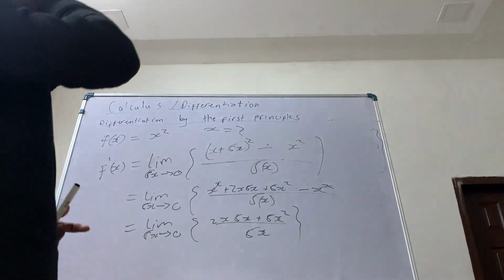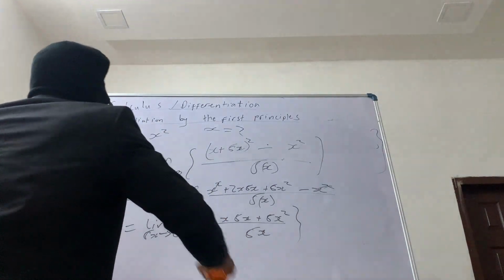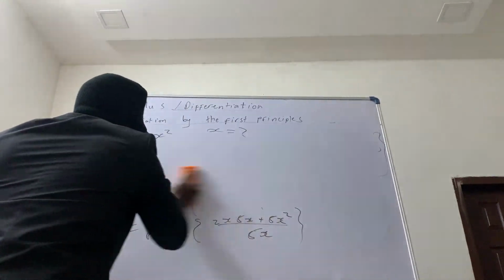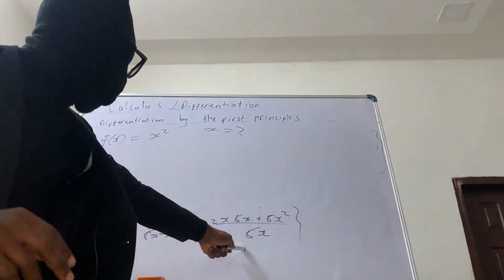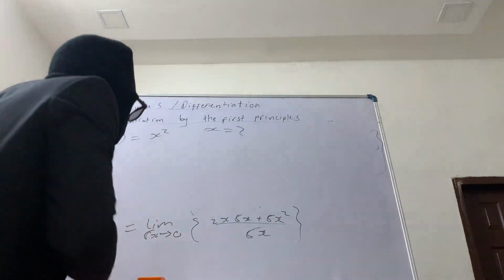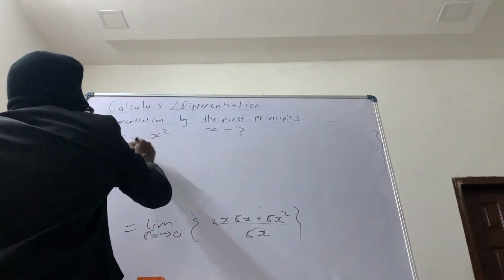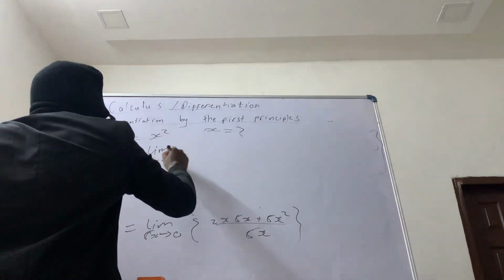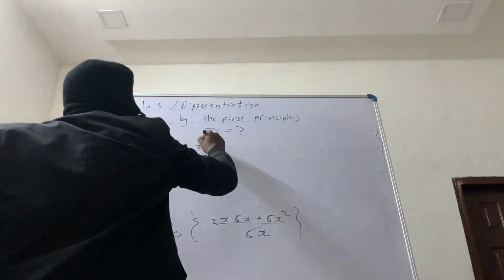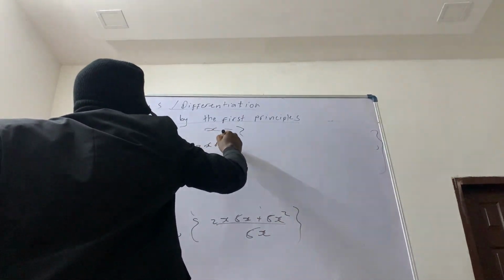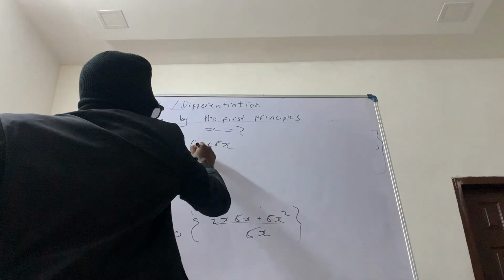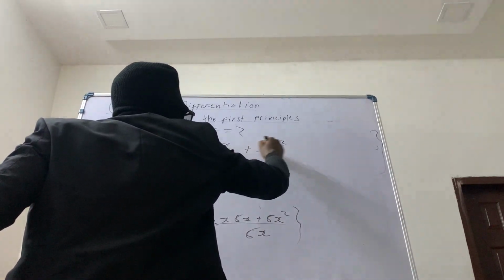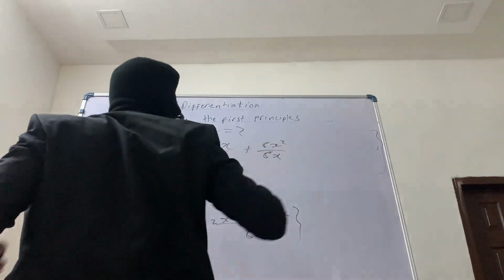Okay, let us remove this and continue here. This is equal to the limit as delta x approaches 0 of 2x delta x over delta x plus delta x squared over delta x.